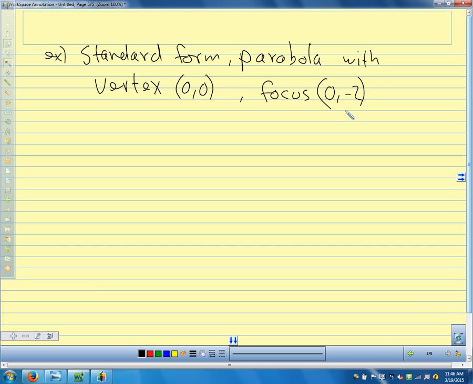Now when they give you a problem like this, it can be helpful to start a little sketch. It can help you visualize what we're talking about. So here's my vertex at 0, 0, and here's my focus at 0, -2.